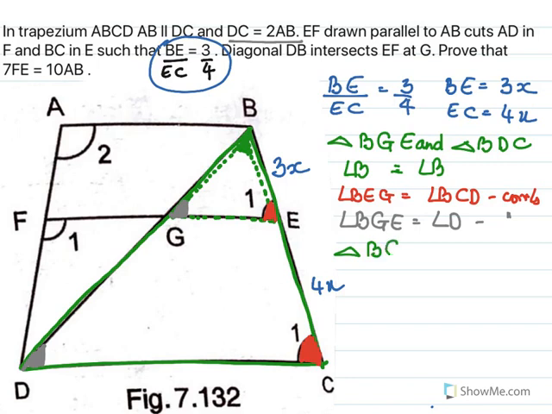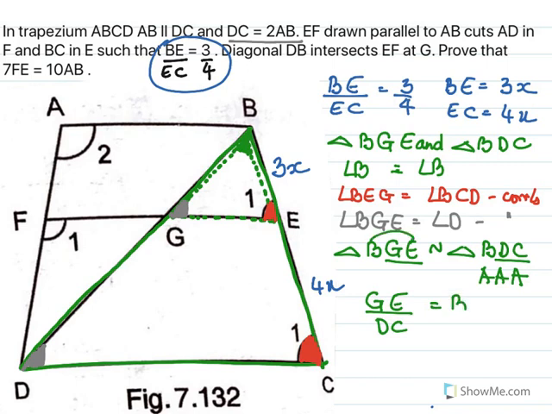Triangle BGE is similar to triangle BDC by AAA test, which means GE over DC will be equal to BE over BC.